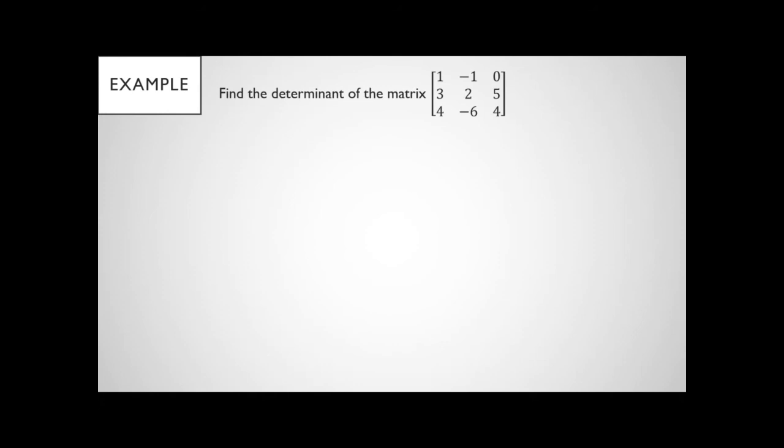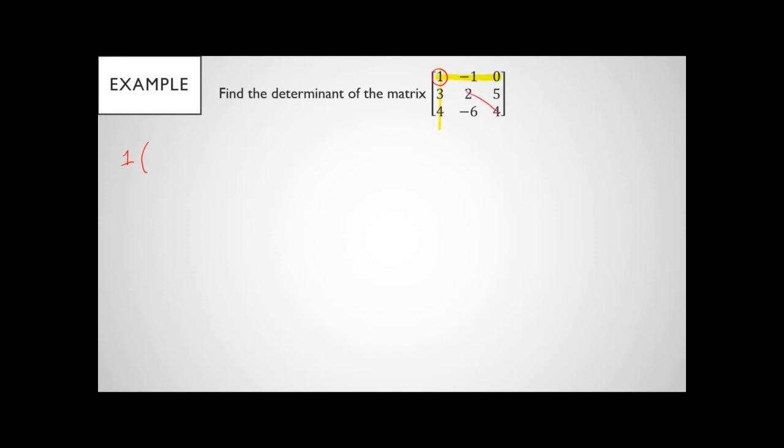So if we want to find the determinant of this matrix, we start with our first number, 1, and we cross out the first row and first column. We're finding the determinant of what's remaining there.